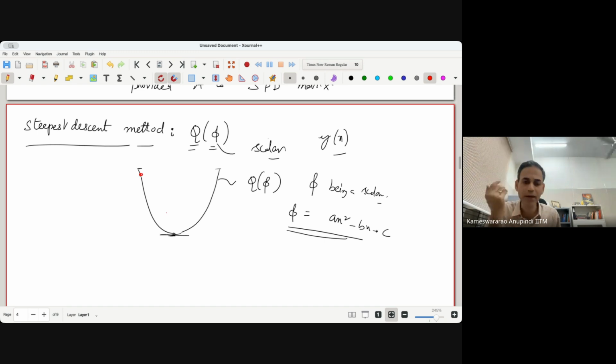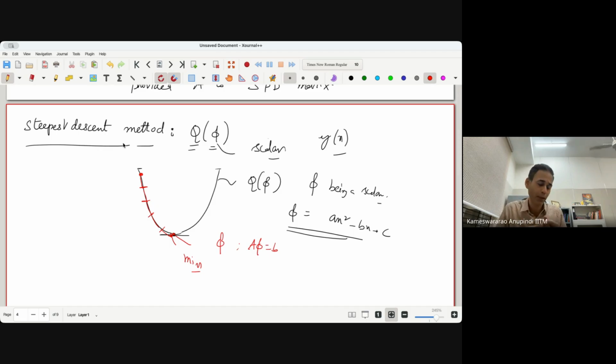The fastest way I can get to this point, which is my solution, the phi that gives A phi equal to b, is, if I start anywhere, to descend in the fastest possible way in several steps, and then I arrive at the minimum point. That is the fastest way I can arrive at this point, and that is what we do in the steepest descent method.